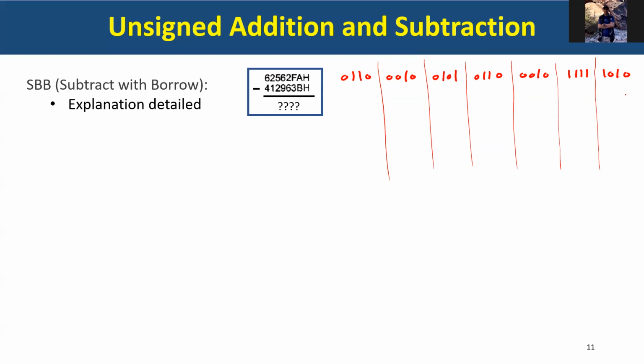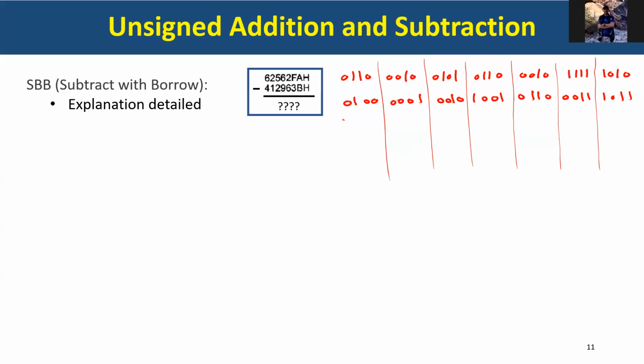So then the second number is 1101, 1100, then 0110, then 1001, then 0100, then 1110, and 0010.